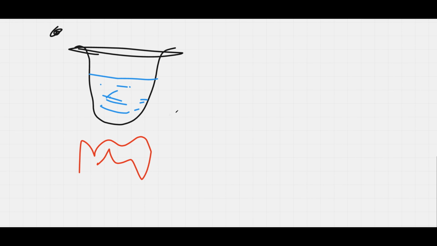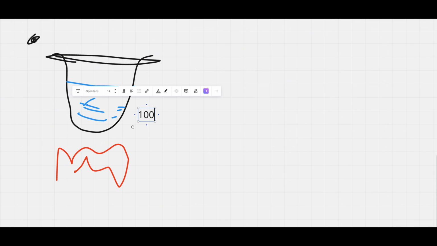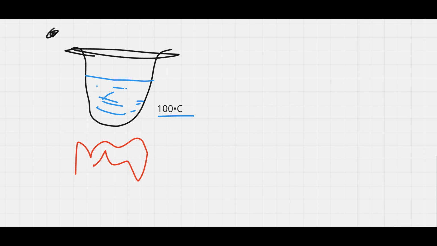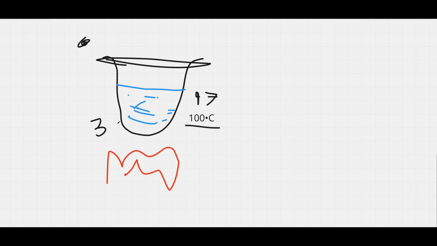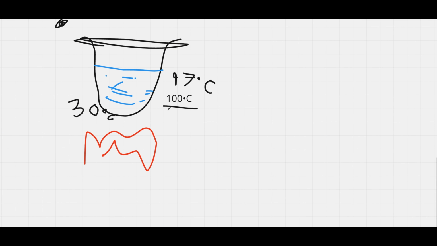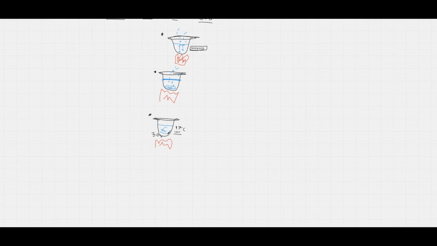Since the boiling point of water is 100 degree Celsius, that means that this liquid, this water, has not yet reached 100 degrees Celsius. It might be 97, it might be 30 degrees Celsius, but it is for sure less than 100, right?